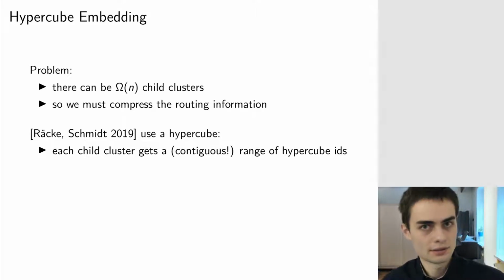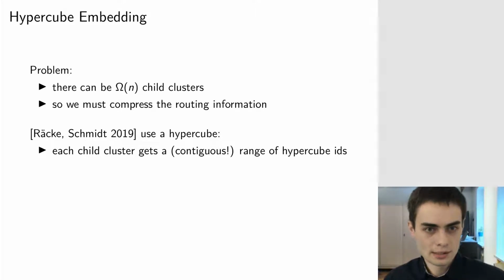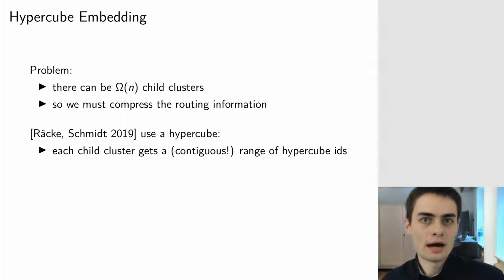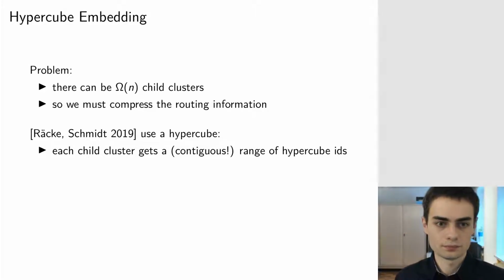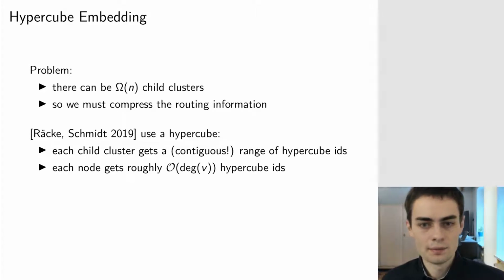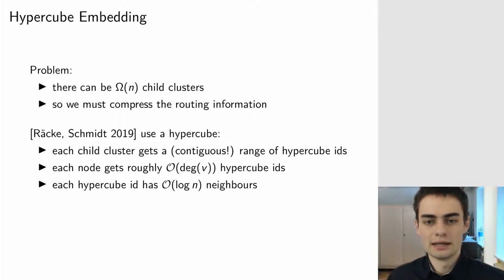And then the idea is that instead of routing to the child cluster in the original graph, we simply route to the child cluster in the hypercube. So we pick a hypercube ID belonging to the child cluster and route to that. So by assigning the hypercube IDs to the child cluster, each node gets roughly its degree in hypercube IDs. So that's a low amount. And of course, in the hypercube, each node only has a logarithmic number of neighbors.